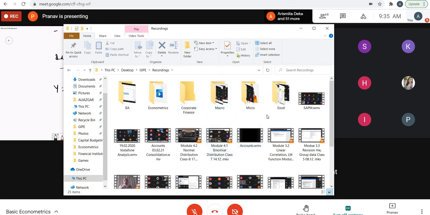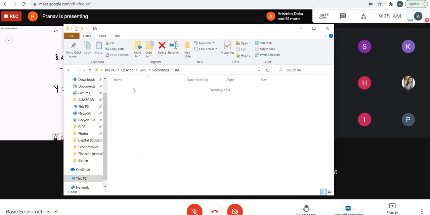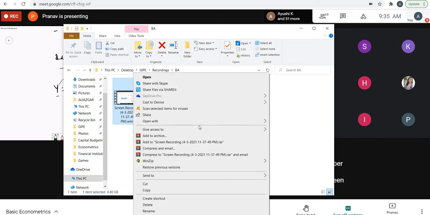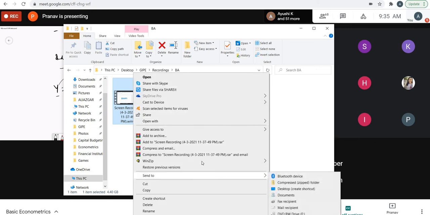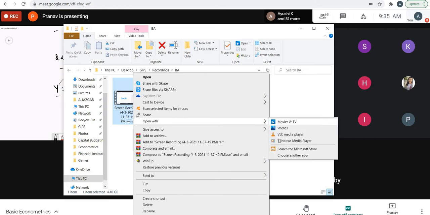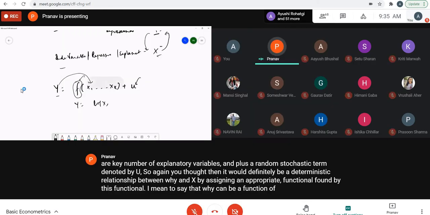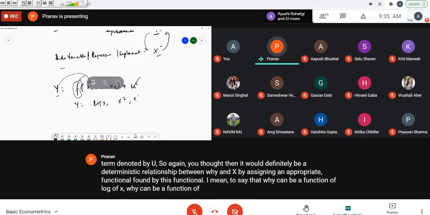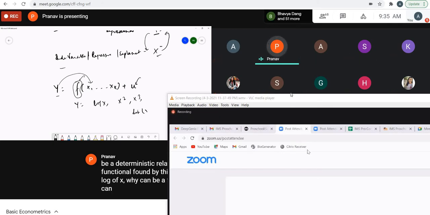So if this u was not there, then it would definitely be a deterministic relationship between y and x. By assigning an appropriate functional form, by this function I mean to say that y can be a function of log of x, y can be a function of x square, y can be a function of x cube, y can be a function of sine of x, and so on and so forth.